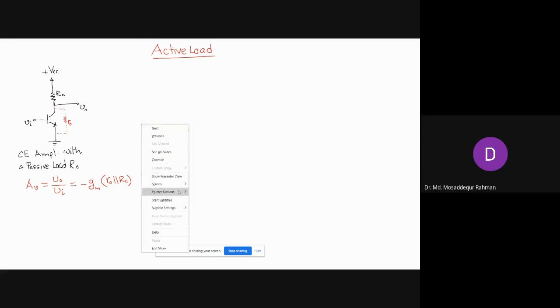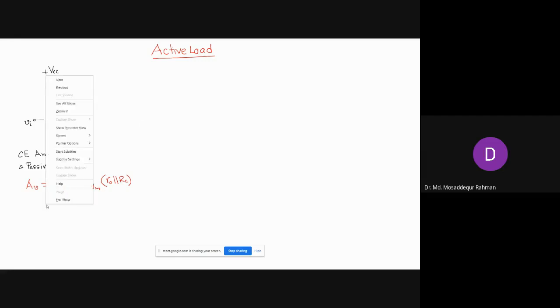Now, usually in most cases, RC is much smaller than r naught, or r naught is much larger than RC, so we can approximate the gain to minus Gm RC, because in most cases r naught is much larger than RC.